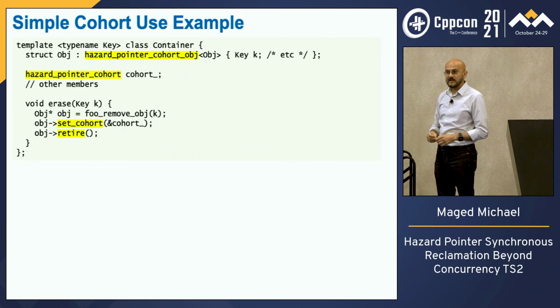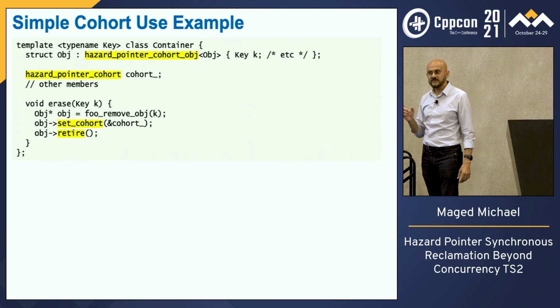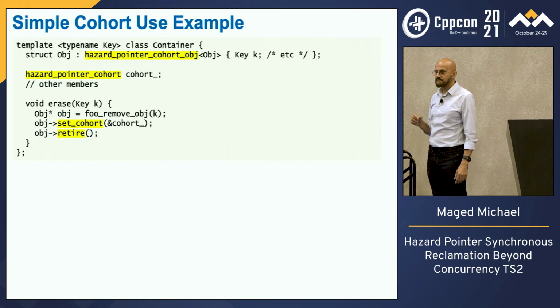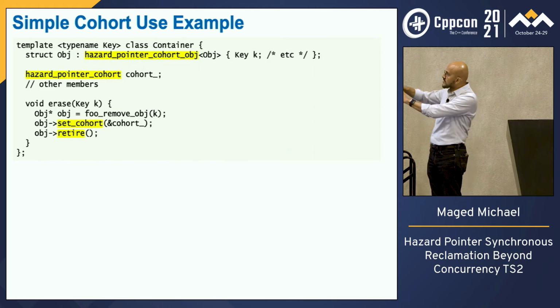But then the object itself has a pointer. The object within the container, right? So let's say you've got this, and there's another pointer that doesn't belong to this container. No. These objects belong to that container.